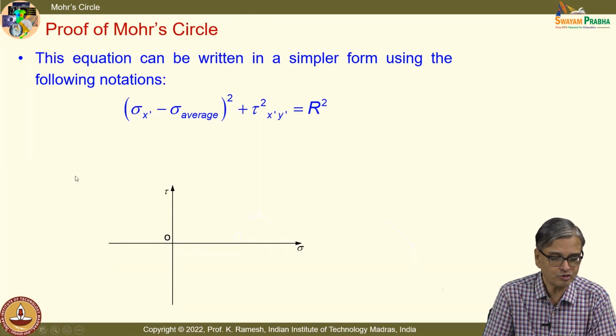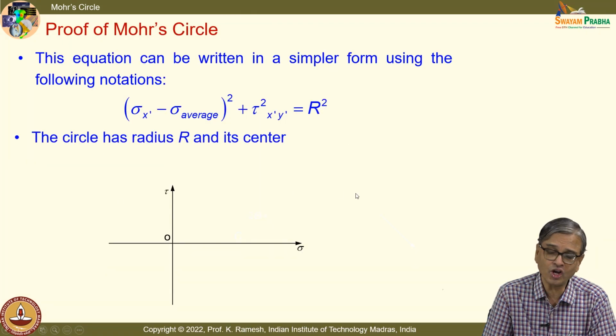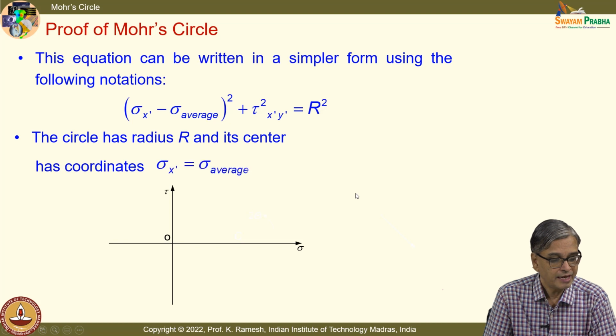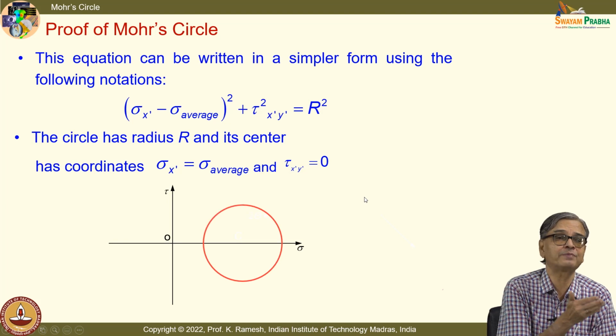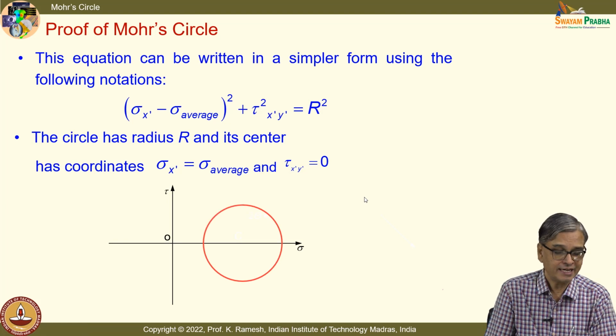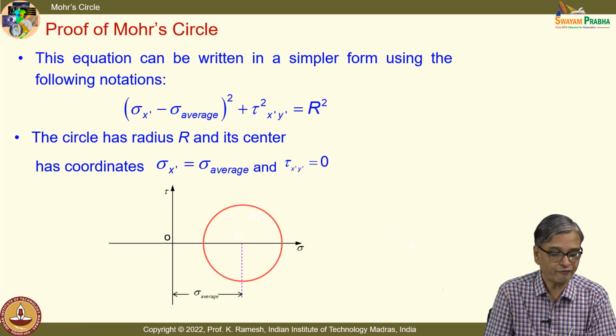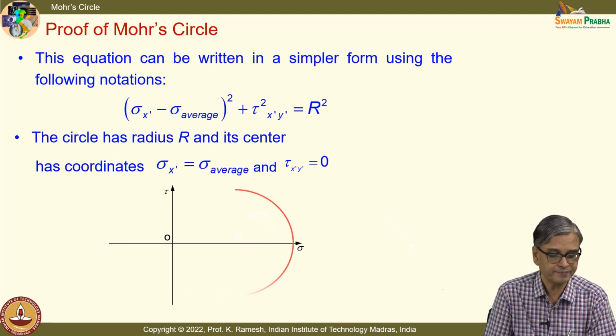But the beauty of Mohr circle is it is easy to draw, and you have to draw the circle with center as sigma average and tau x prime y prime equal to 0. And we have seen from the examples that we have looked at, it can be a circle of various radii depending on the problem.